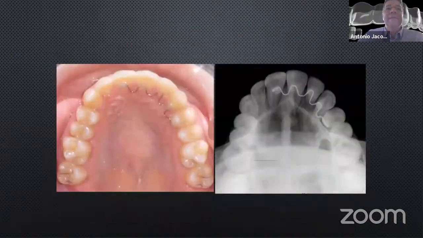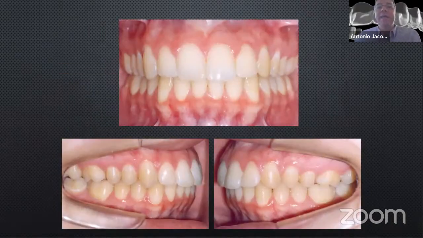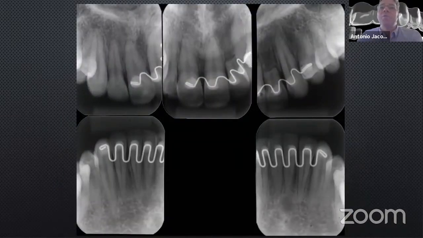A nice gingiva on the canine, and this lateral has almost no root, just the one third of the root remaining. And this is almost 10 years ago, and this patient continues to go to my office, and this incisor continues there very nicely with no problem at all.